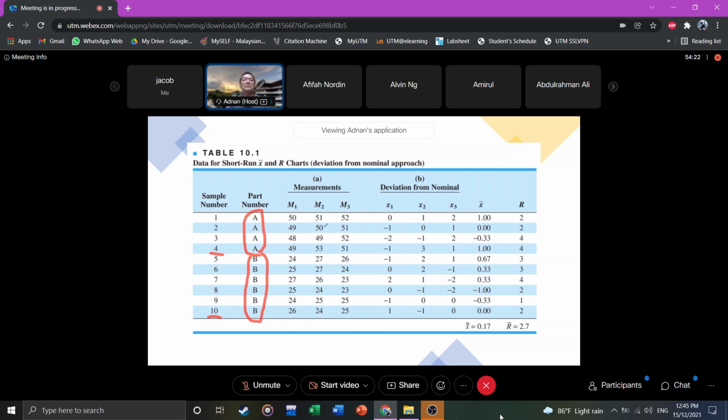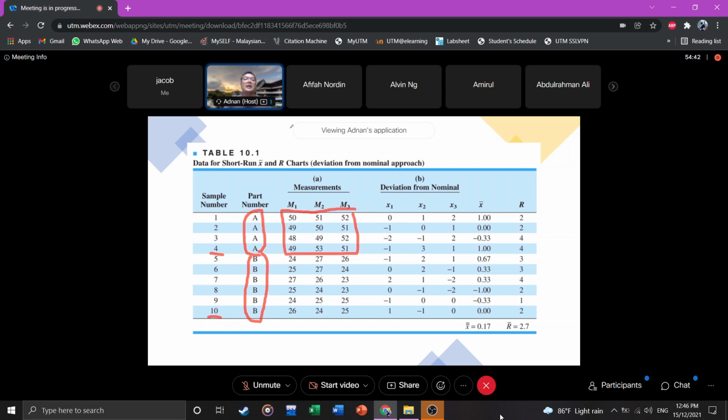Let's say here you have three units, M1, M2, M3. These are the measured values. Let me put an example here.